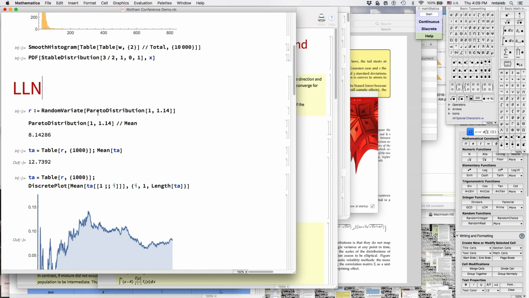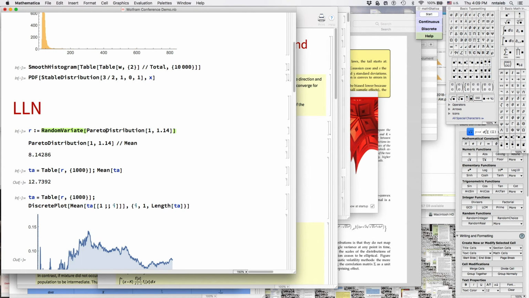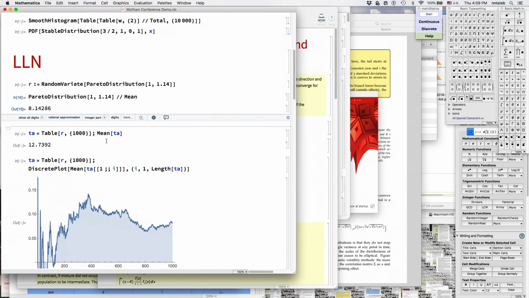Okay, so let's see how that law of large numbers works with that Pareto distribution, 1.14. And it has a mean. The mean is 1 over alpha minus 1, which is a mean of 8.14, okay? All right. Now let's run an average.